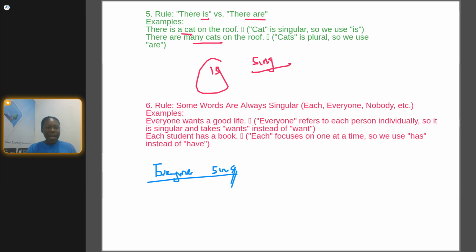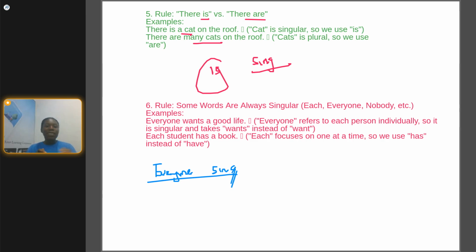Each student has a book, not each student have, because have is the plural form of has. Each student in the singular form carries has, not have, because you're not dealing with multiple people.